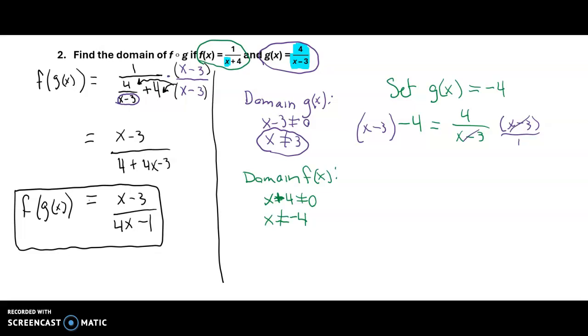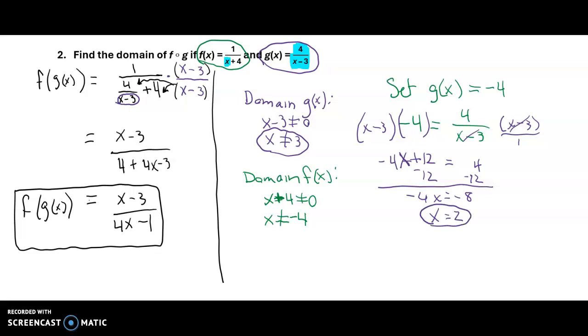The x minus 3's will divide out there, and we get negative 4x plus 12. We'll subtract 12 from each side and get negative 4x equals negative 8. That tells me that x is equal to negative 8 over negative 4, which is 2.